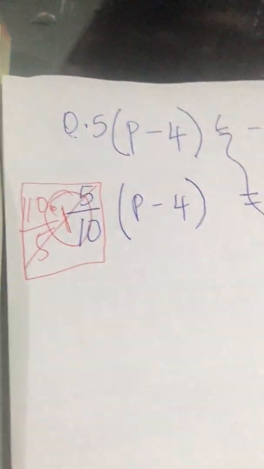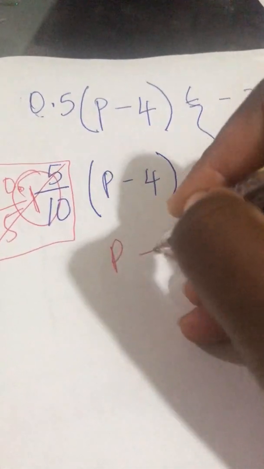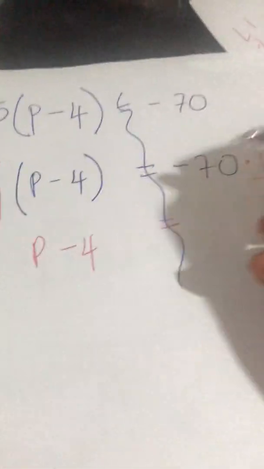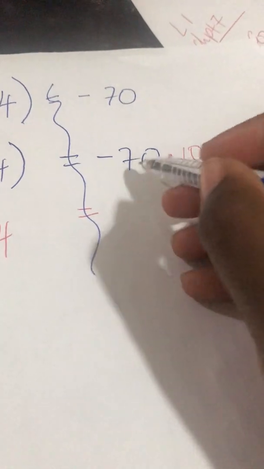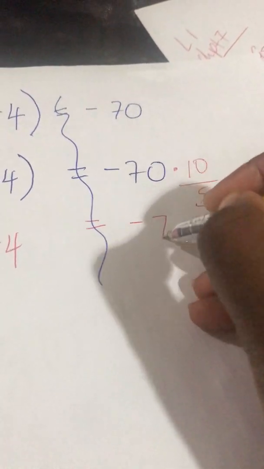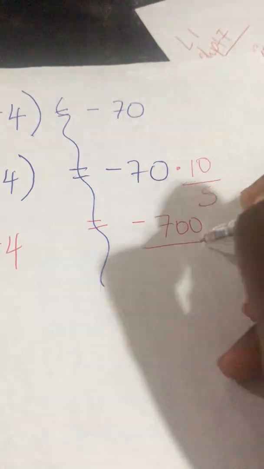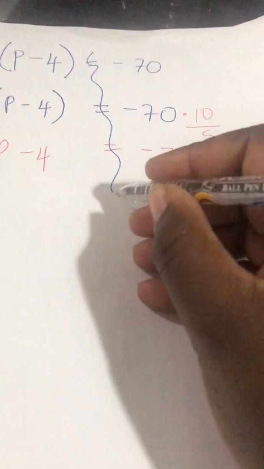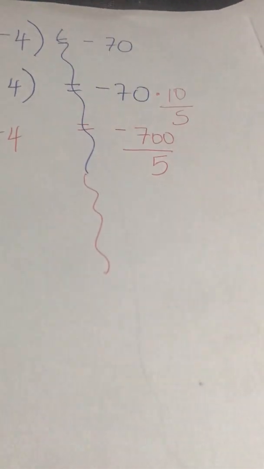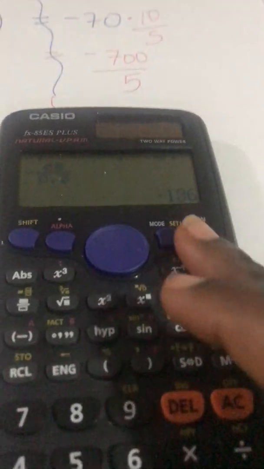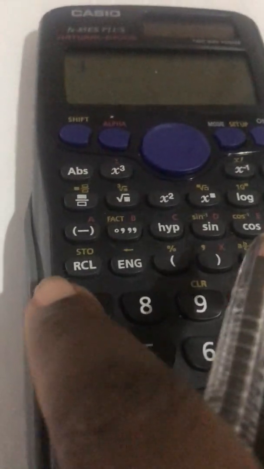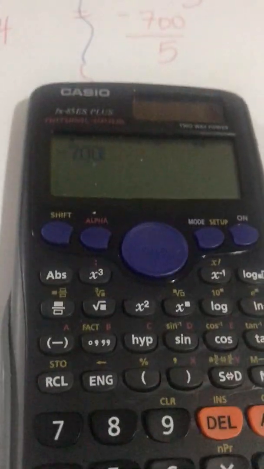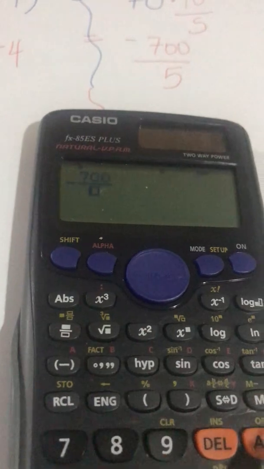So you have to remember, a number multiplied by its multiplicative inverse gives me 1. P minus 4 equals negative 700/5. Then I can simplify negative 700 out of 5.